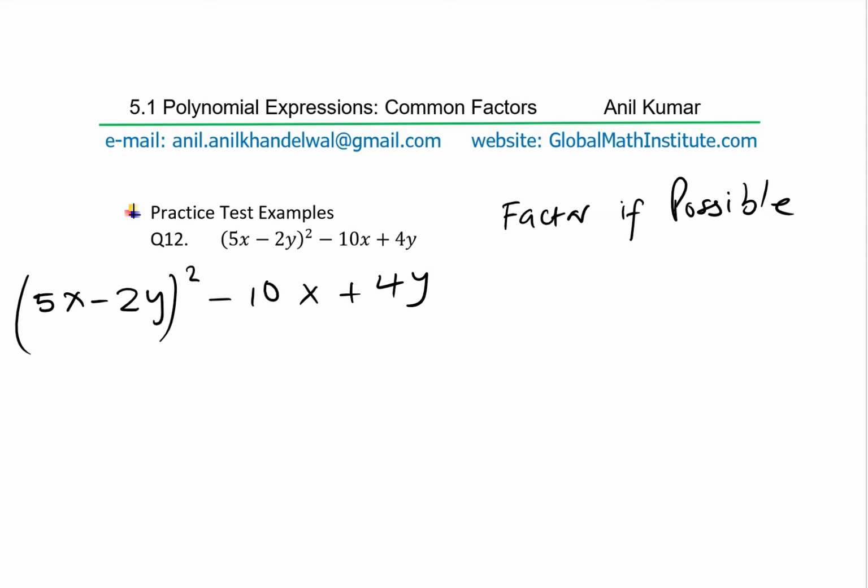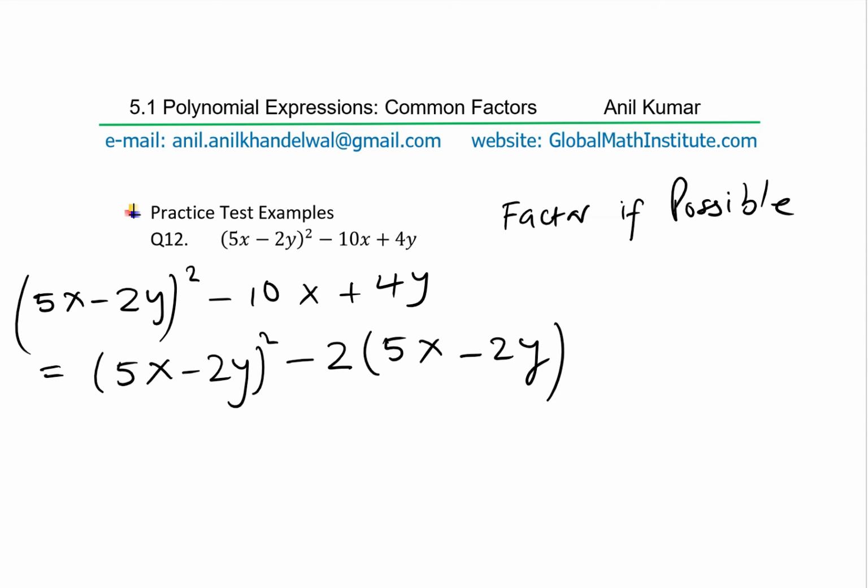Well, it looks as if it cannot be factored, but look, we could take something common here between 10 and 4. So I could write this as (5x minus 2y) whole square and minus 2 is common, right? So we get 2 times (5x minus 2y). Now we do get a common factor, which is 5x minus 2y.